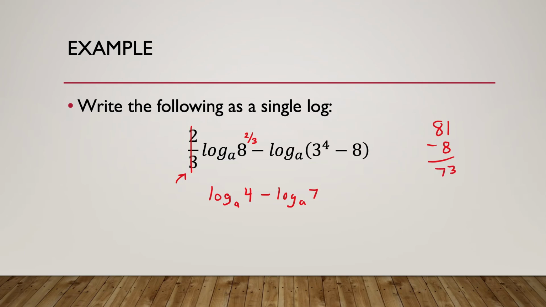So I'm going to place that here. Now, the only thing that's left is noting the subtraction in between and realizing that that causes a fraction to occur. So we're going to take our 2 logs, we're going to merge them into one log, and we're going to write our result as a fraction. So 4 over 73. So our final answer here would be log base a of 4 over 73.